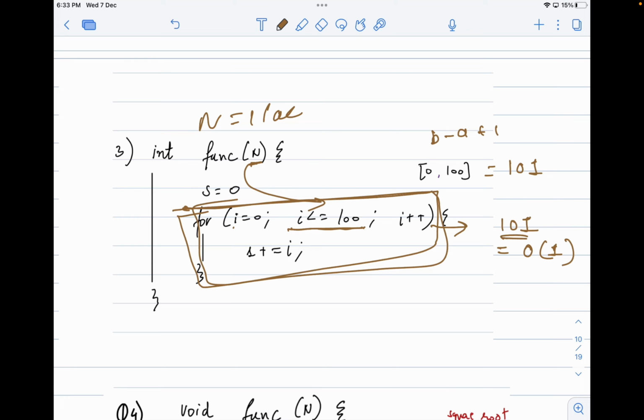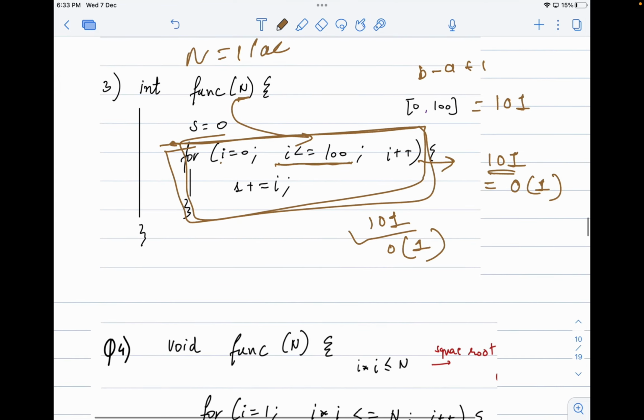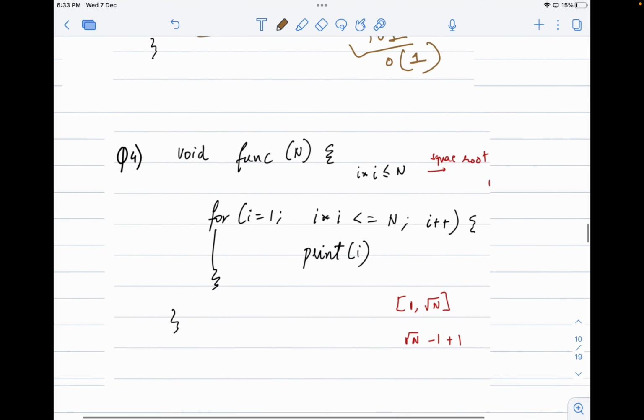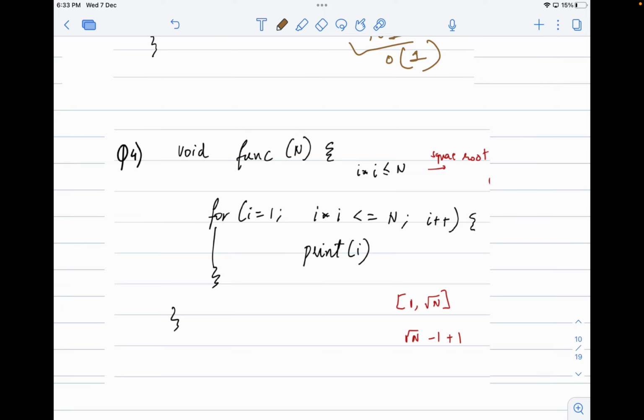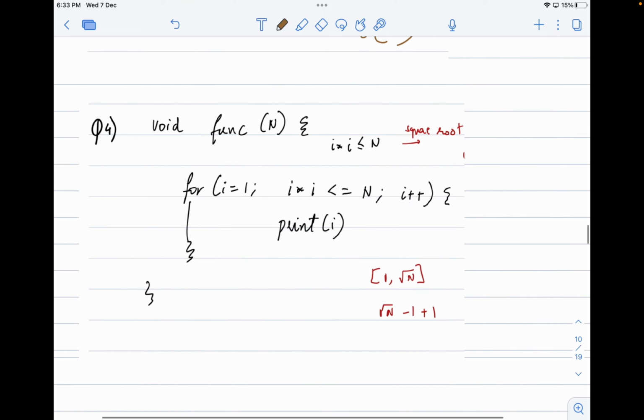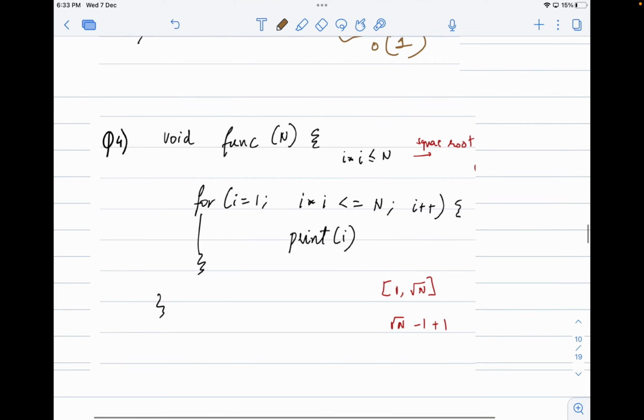So for all inputs, 101 is a constant. So constant complexity is always order of 1. So the complexity of this is order of 1. So this is very basic. If you are following very seriously or you want to learn it, then you will easily solve this.